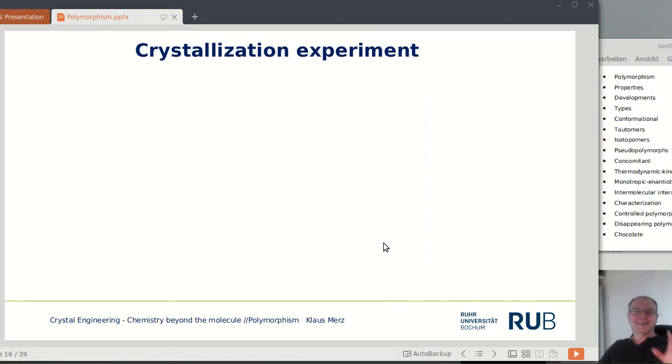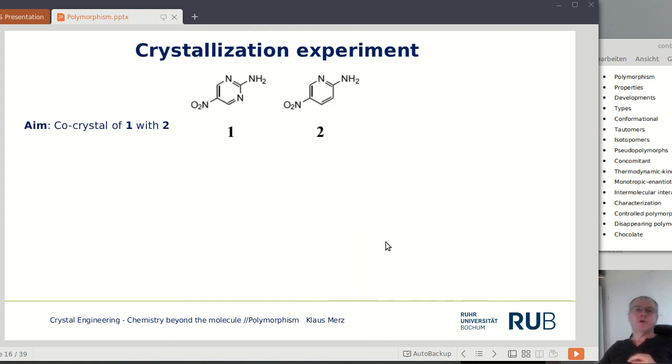But this next example is very nice to show that crystallization is sometimes very strange and not so easy. You know? The aim was to get co-crystals of these two components.